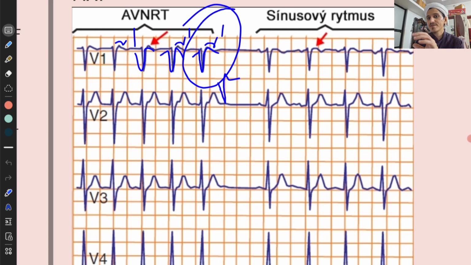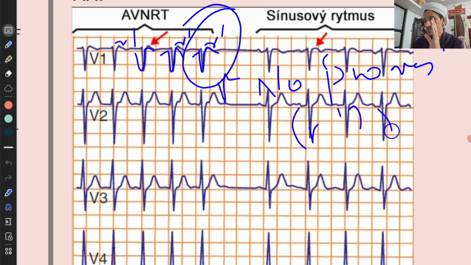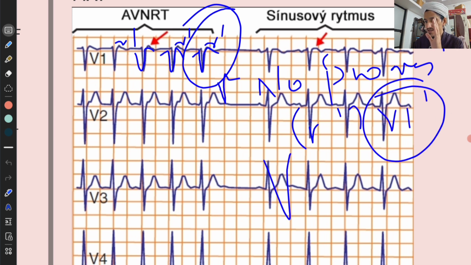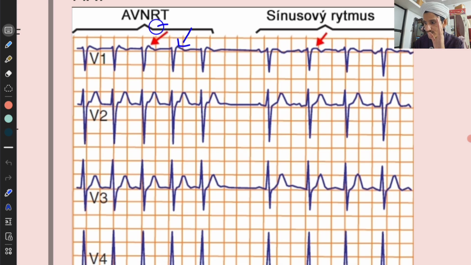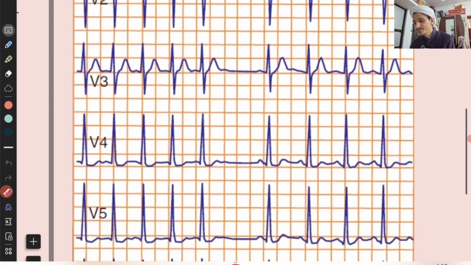In about 90% of cases there will be no P waves, or some R dash pattern you can see in V1. That means after the S wave we will have a small bump, as you are seeing here. So that is the characteristic feature of AVNRT, the R dash pattern.